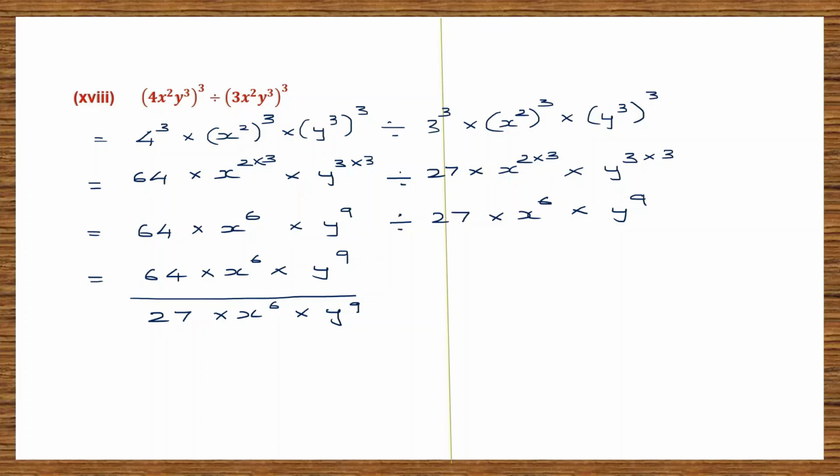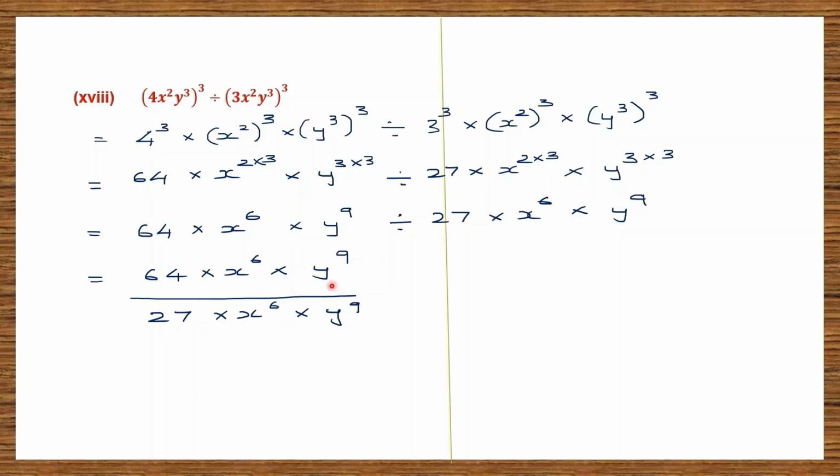Now as you can see, the numbers 64 and 27 cannot be reduced further. So they will remain as 64 by 27. But look at x to the power of 6. When it is division, we subtract the powers, isn't it? So 6 minus 6 is 0, and x to the power of 0 is 1.